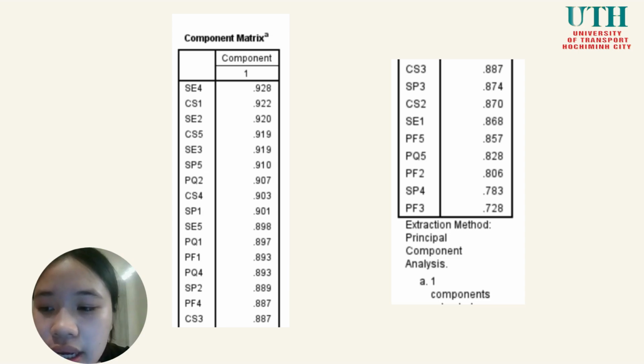It strongly indicates that the scale may be suffering from a discriminant validity issue, meaning the constructs are not fully distinct from one another as expected. This is highly likely due to common method bias during data collection.